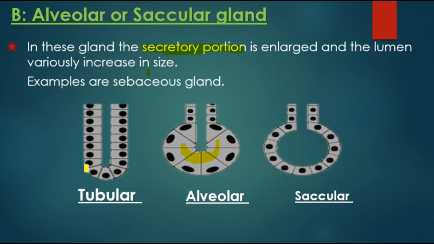And this is the first type, the tubular gland. This is the diagram of the tubular gland. As you can see here, this gland looks like a tube, so it is called a tubular gland. The example of the alveolar or saccular gland is the sebaceous gland, which is the best known example of the alveolar gland.